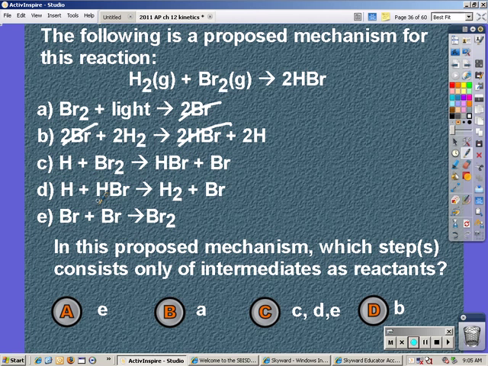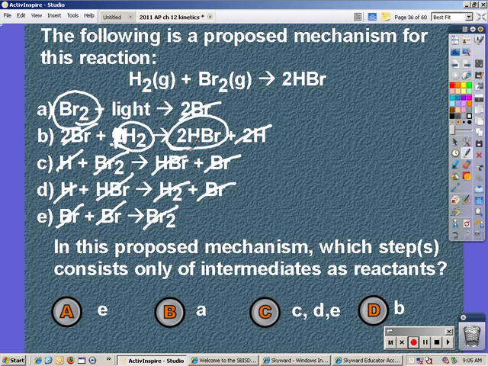We have 2 HBr, but if we eliminate the 1 in C and D, then we aren't going to have to mess with the coefficient in front of B. Bromine, bromine, bromine, bromine, and Br2. In B we have 2 hydrogens, so we can eliminate the hydrogen in C and D. And that's pretty much everything that we can eliminate, except in B we have 2 hydrogens, D we have 1, so we can leave that as just one of them. So this leaves us with C, D, and E as all intermediates. And that's all.